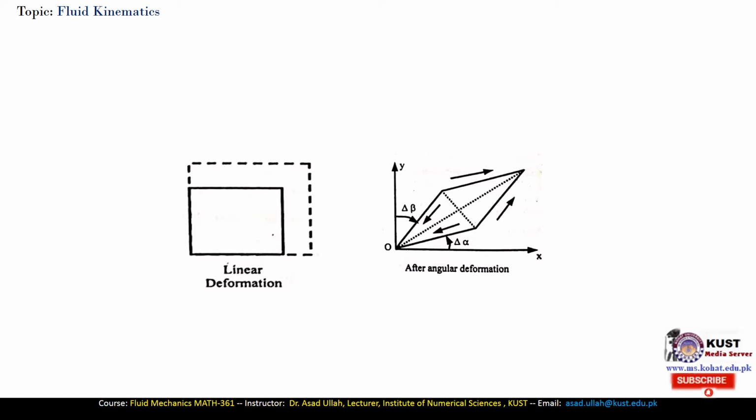In this lecture, we are not going to derive the mathematical forms for these types of deformations. I will derive the basic equations for all these four types of deformations in later lectures. This is just an overview for the students to understand that all these types of deformation may occur inside the fluid flow.